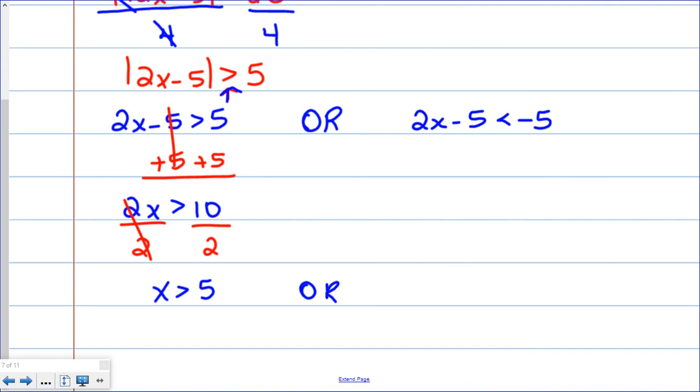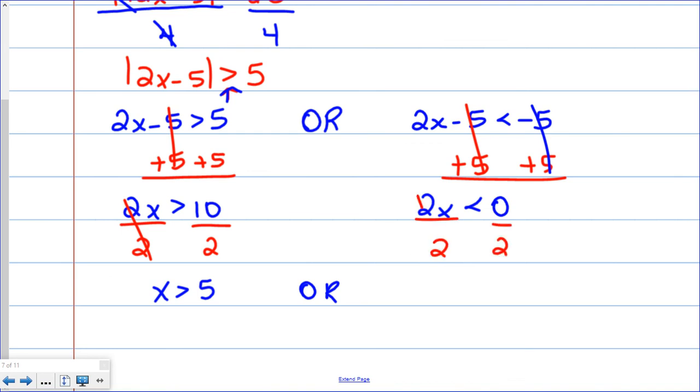Or, go ahead and go over to the right side. We're still going to add 5 to both sides. The 5's will cancel. We have 2x is less than negative 5 plus 5 cancels, so that's 0. Now you're going to divide by 2 on both sides. And x is less than 0.